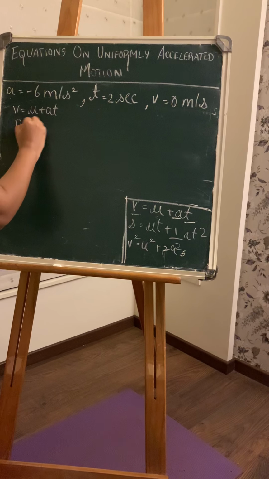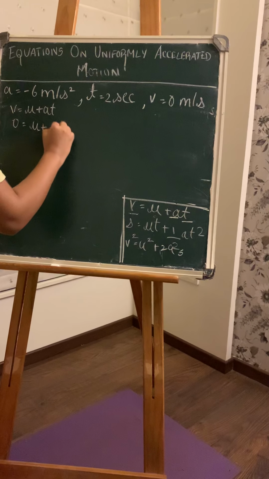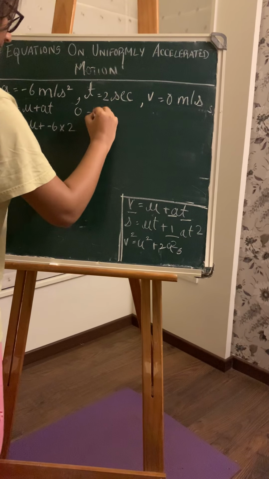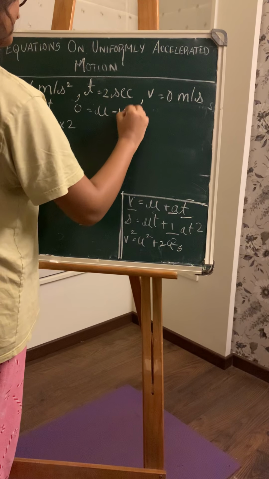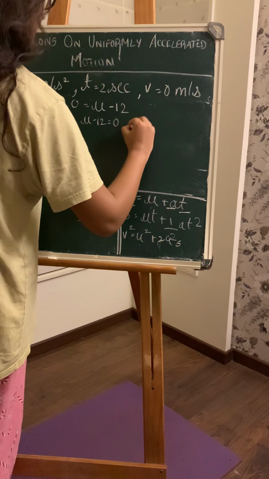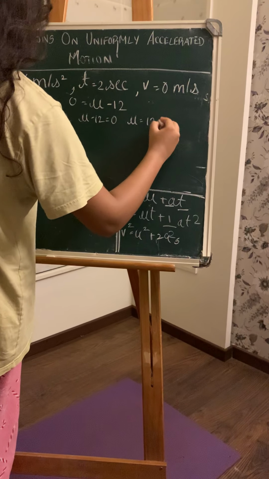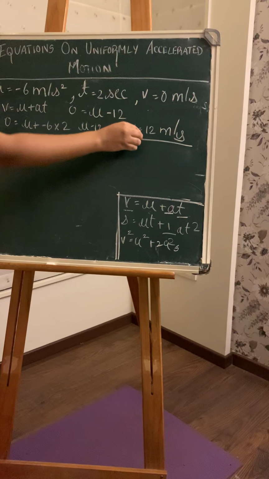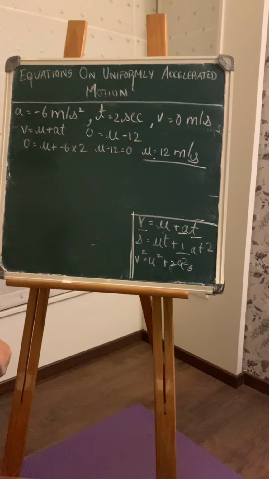V, which is 0, is equal to u plus minus 6 into 2. 0 is equal to u minus 12. U minus 12 is equal to 0. U is equal to 12 meters per second. So we have our initial velocity, which is 12 meters per second.